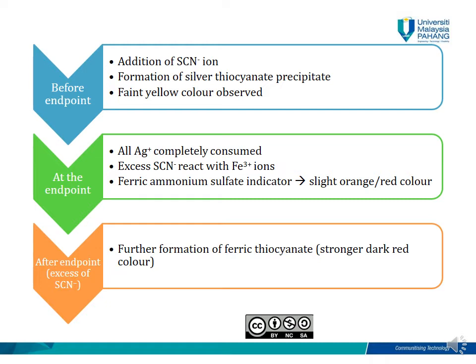So the color change will be a slight orange or red color. After the endpoint, when you have an excess of thiocyanate ion in your sample solution, further formation of ferric thiocyanate occurs, and you will see a stronger dark red color. So the dark red will be observed after the endpoint.